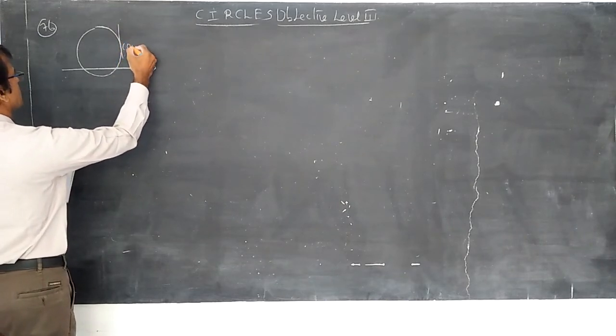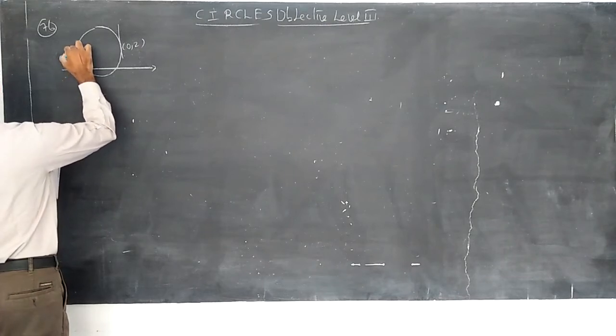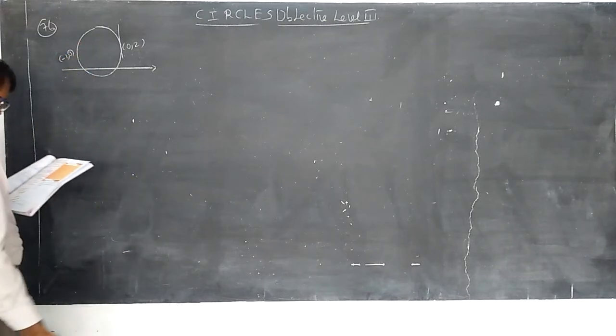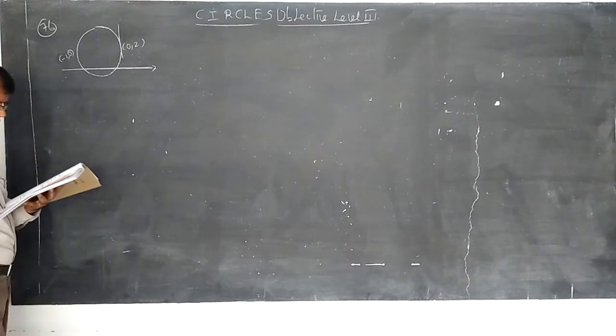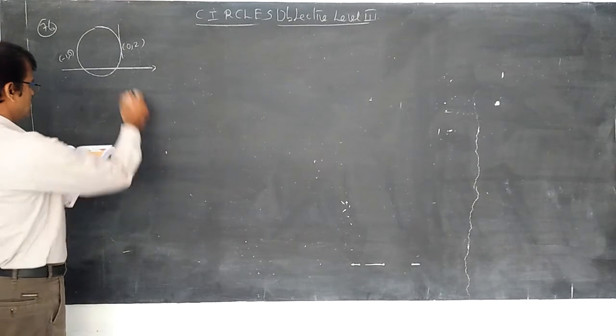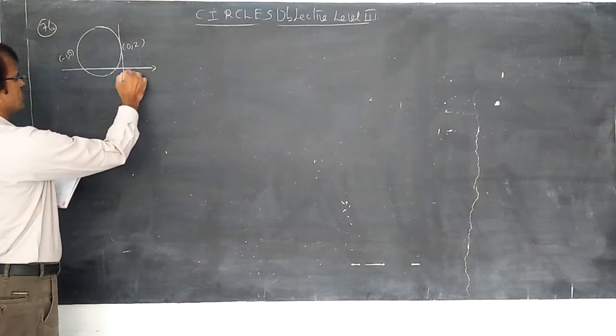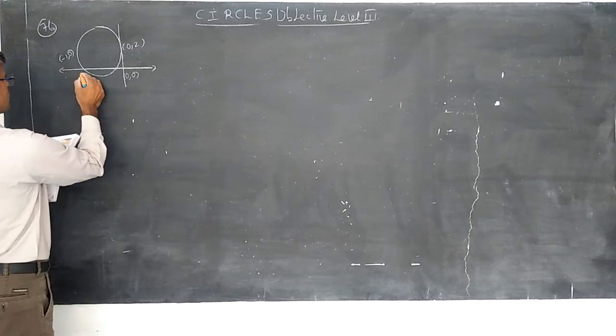This is the circle passing through (-1, 0) and touching the y-axis at (0, 2). This is the positive side, this is the negative side. Maybe here 0, 0. We should calculate the length of the x-intercept.